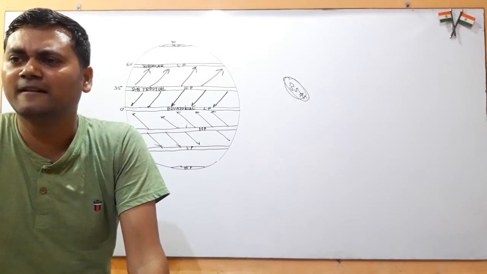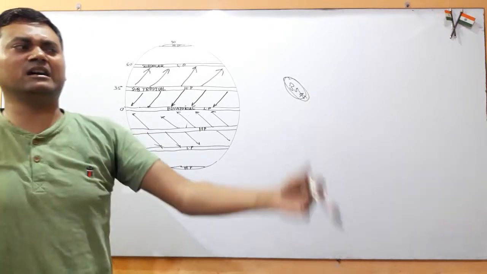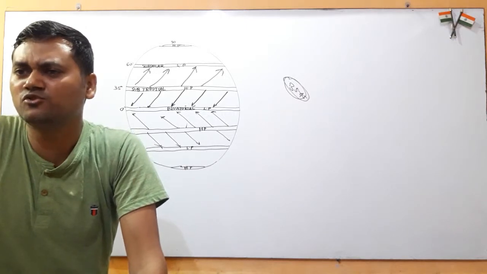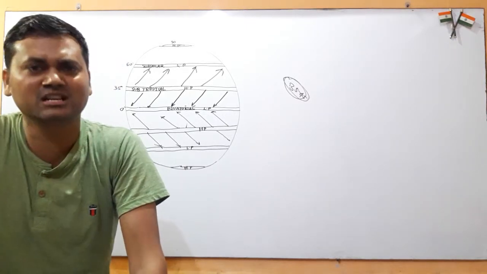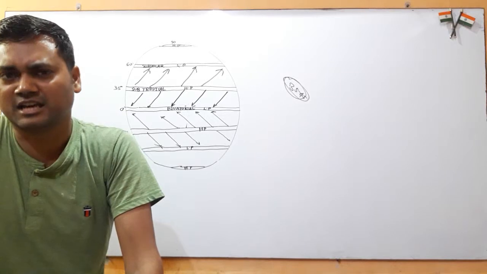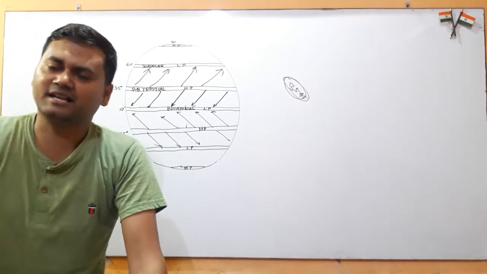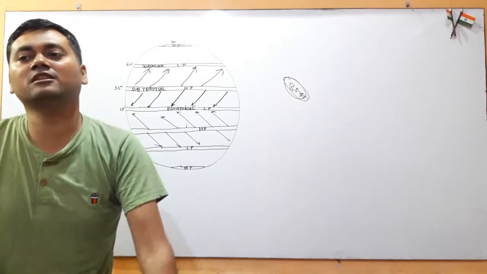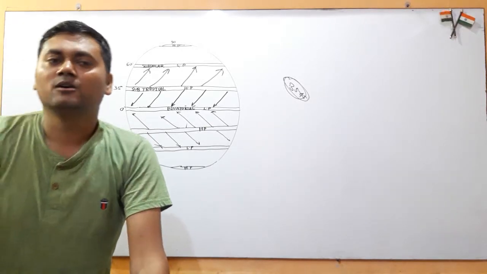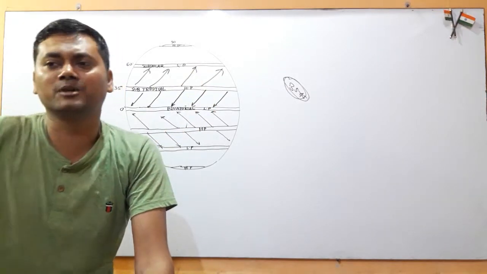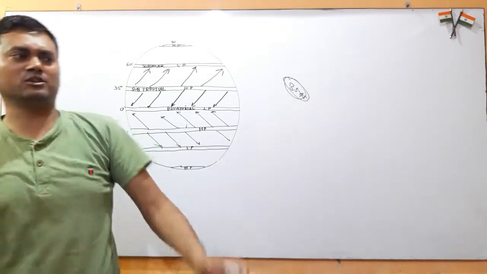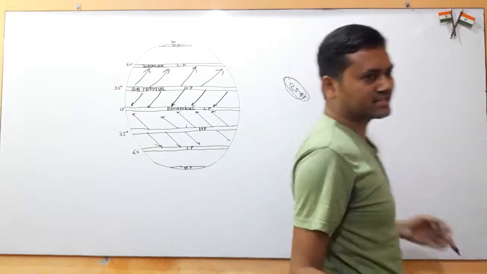Because if you see the map of the southern hemisphere, you would find the land portion is very less in comparison to the northern hemisphere. So when the land portion is absent here, it gives a very good scope for the blowing of the wind. Since the land portion is not there, open space is there, only water is there.